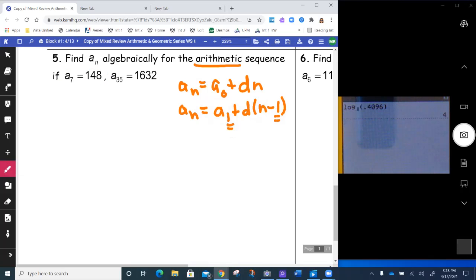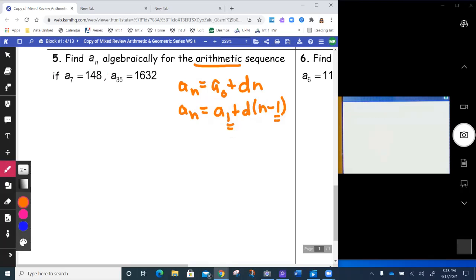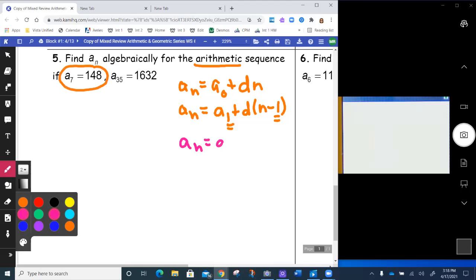I'm going to do it in a different color. So I know a sub 7 is 148. That means if I want to start with a sub 7, I can start with a sub 7, and I am still going to add d. I'm always adding d no matter where I'm starting my sequence.